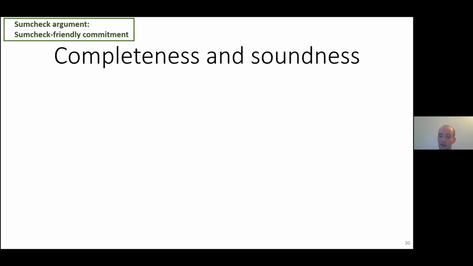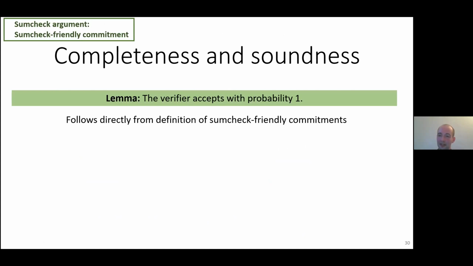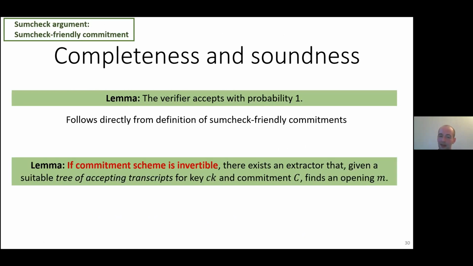Okay, so completeness of this protocol just follows directly from the definition of sumcheck-friendly commitments and the fact that every sumcheck-friendly commitment can be written as a sum of polynomial evaluations. And so this is the point for sumcheck-friendly commitments where we define an abstract property, invertibility, for the commitment scheme.